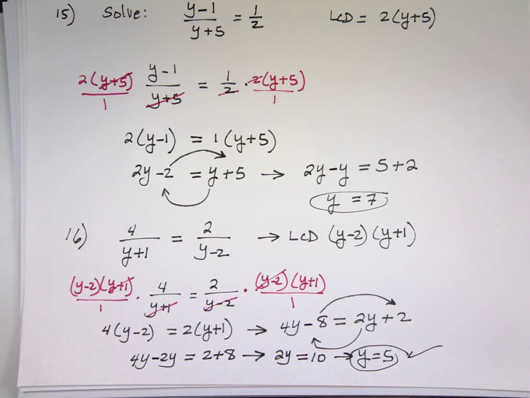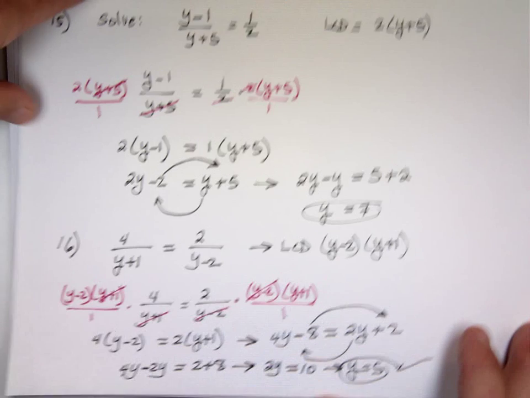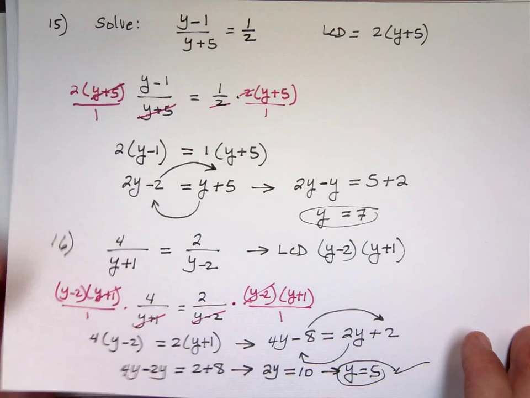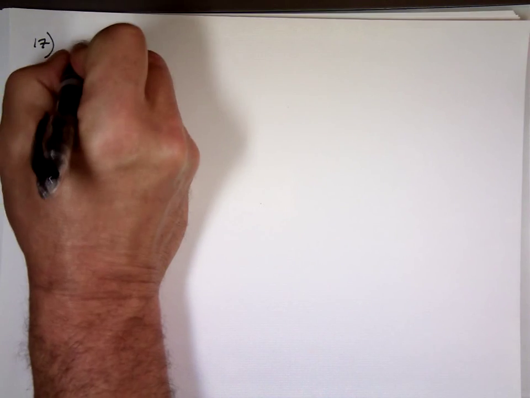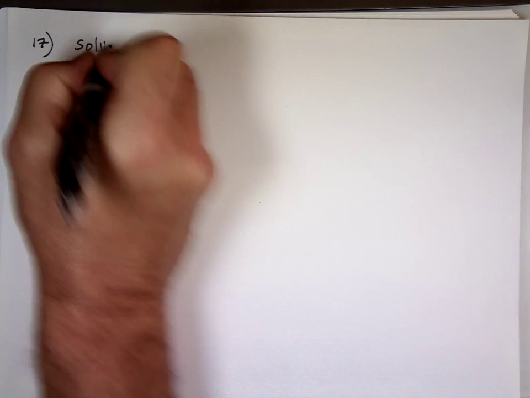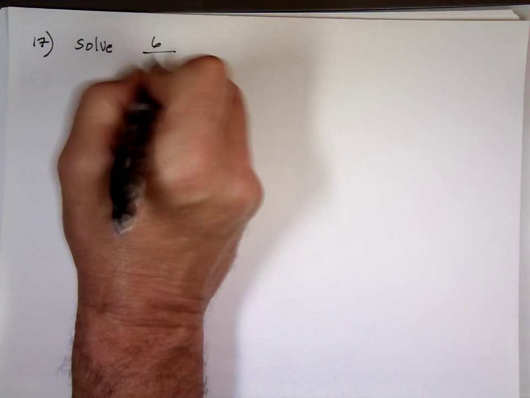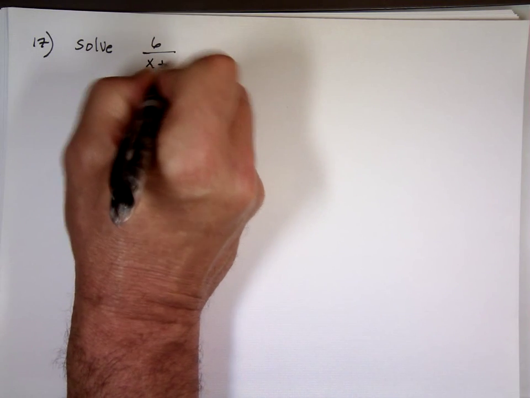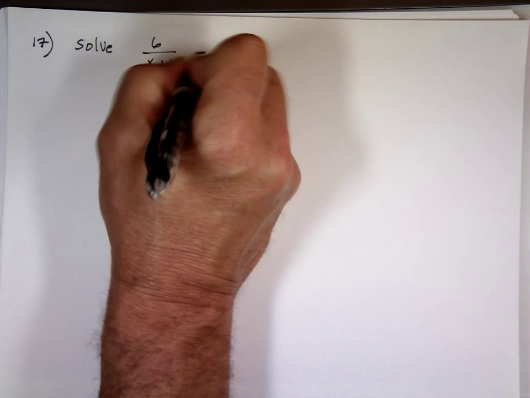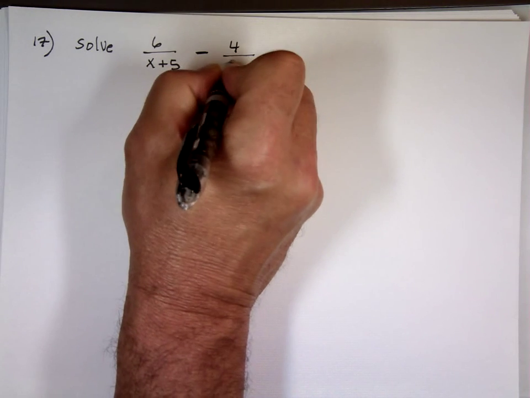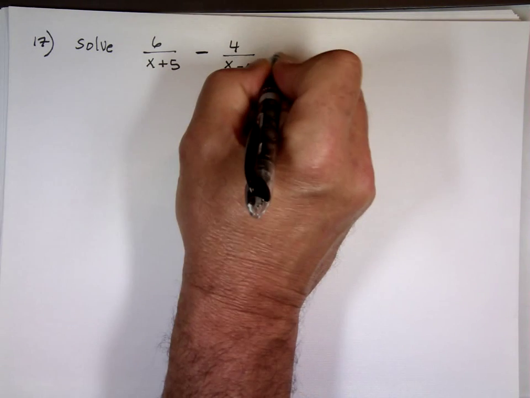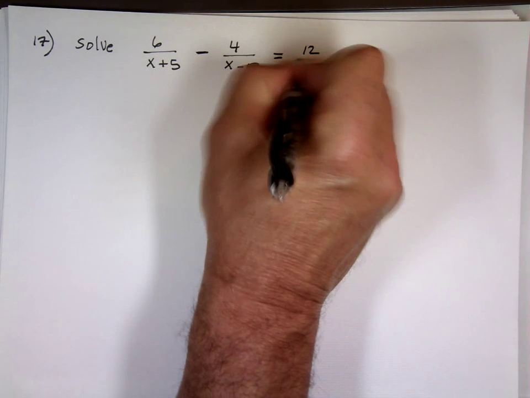I'll try one more. Hopefully this will backfire on me where I can't use one of the answers. Solve again. 6 over x plus 5 minus 4 over x minus 5 equals 12 over x squared minus 25.